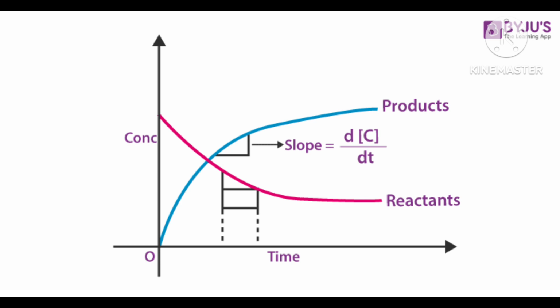Food digests in our body. Many things are there. You know that in our body many reactions are going on. Our life is full of chemical reactions only. Some reactions are very slow, some are very, very fast.